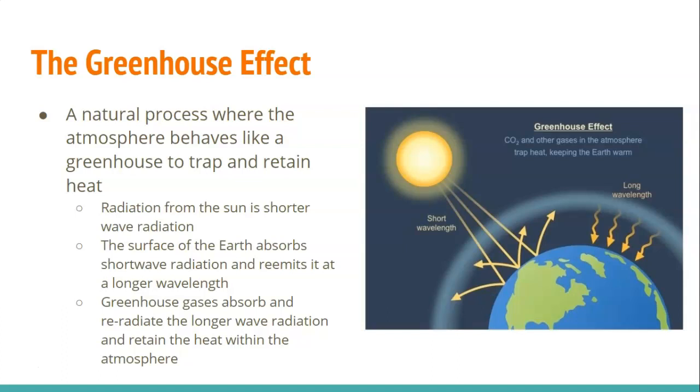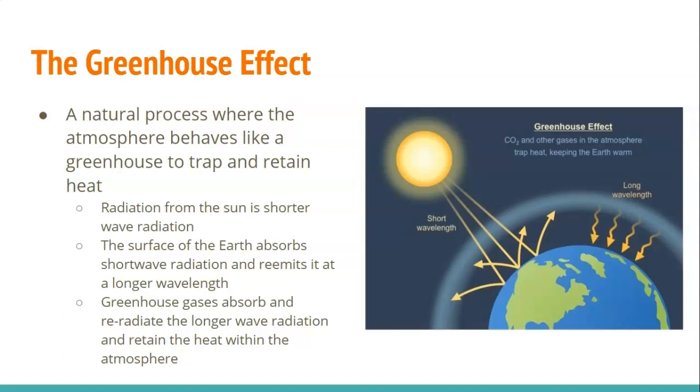The way that this happens is short waves are sent from the sun to the earth, and then the earth absorbs this shortwave radiation and re-emits it as long waves. Once the long waves get pushed back into the atmosphere, the greenhouse gases, which we'll talk more about on the next slide, absorb that and re-radiate the longer wave radiation back, which allows us to retain the heat in the atmosphere.